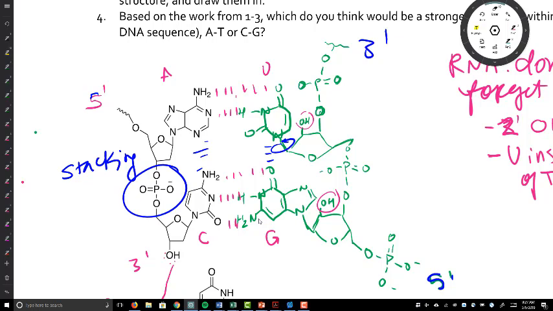And when you watch the video on RNA, the structure, you learn that the presence of that hydroxyl makes RNA much more reactive than DNA. It degrades much more easily than DNA.